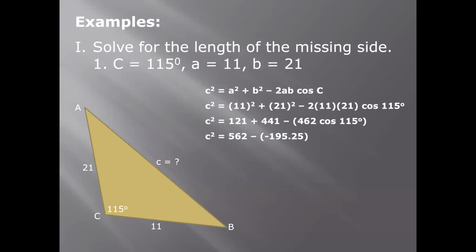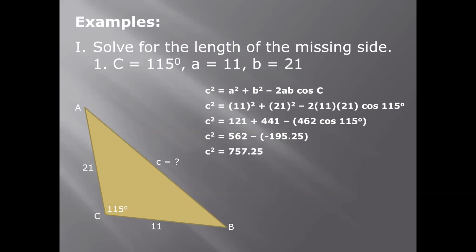And getting the value of 462 cosine 115 degrees, that will result to negative 195.25. So now we have 562 minus negative 195.25. So it means that in order to simplify this, it will become 562 plus 195.25.